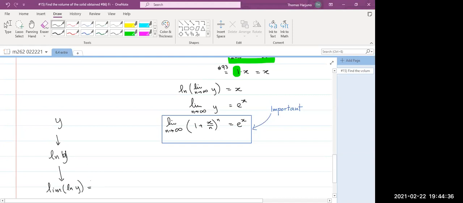Now, if the function is continuous, then you can switch the limit and the natural log. Natural log of the limit, then you get the limit of y. So instead of attacking the limit of y right away, you go around that way.